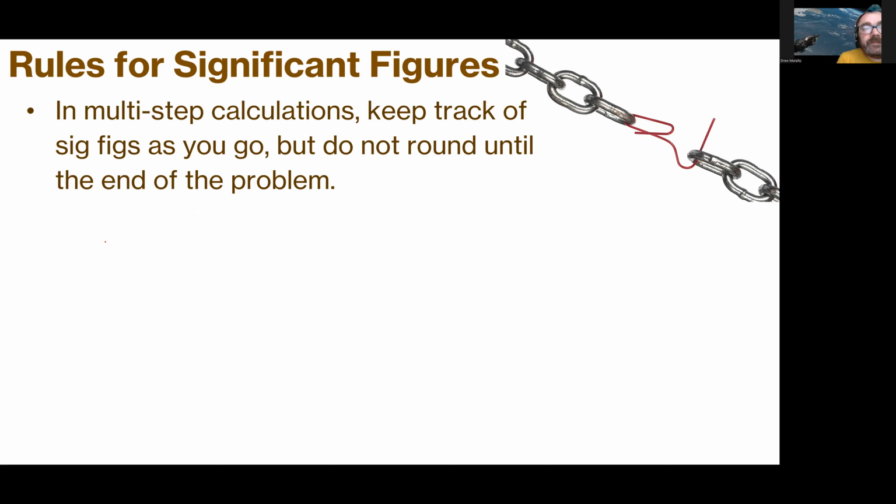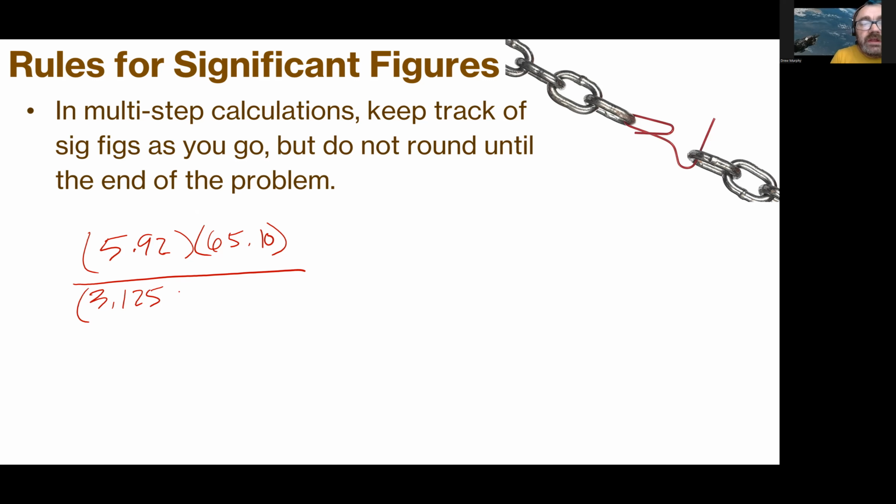Let's take 5.92 and multiply that by 65.10, giving it more precision. We're going to divide that by 3.125 minus 0.0113. I want to know what this is.